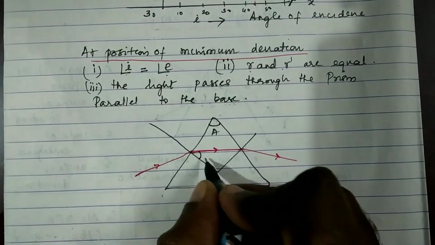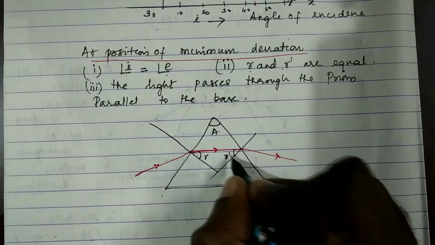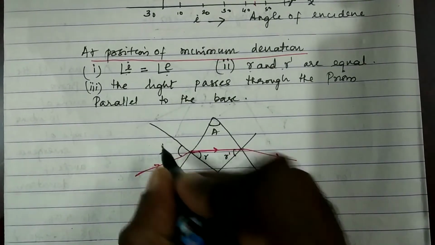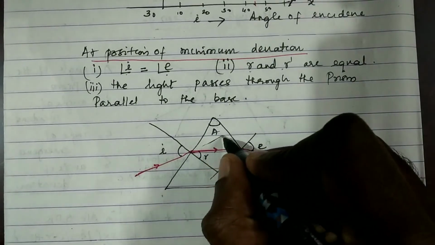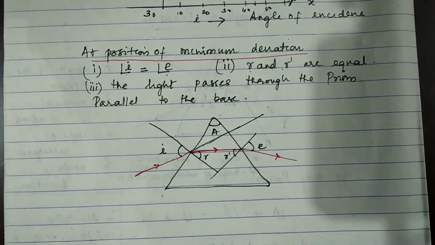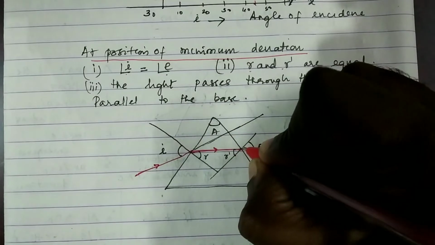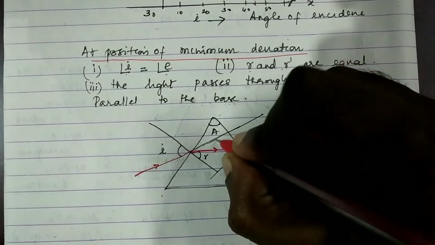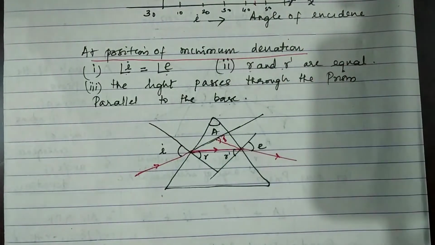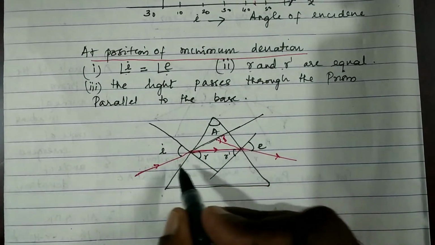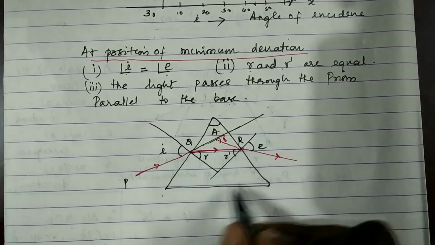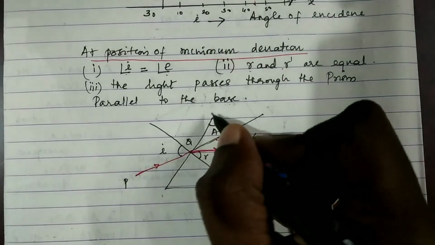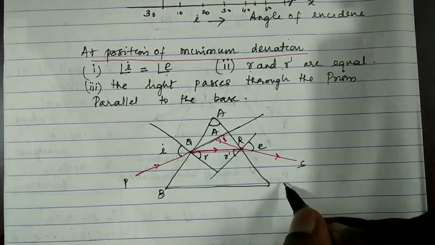This is R, this is R dash, this is the angle of incidence, this is the angle of emergence, and the ray would have gone like this, but it has come here, and this is the position of minimum deviation. So P, Q, R, am I right? Yes. And this is A, B and C.